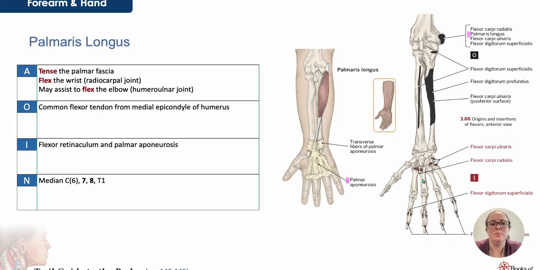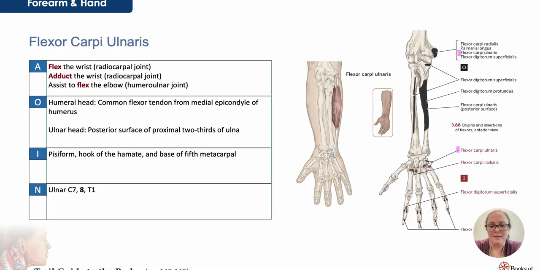So that's cool. Palmaris longus, know that it tenses up your palmar fascia, so the palm of your hand. We're getting through. There's a couple more and then a break.